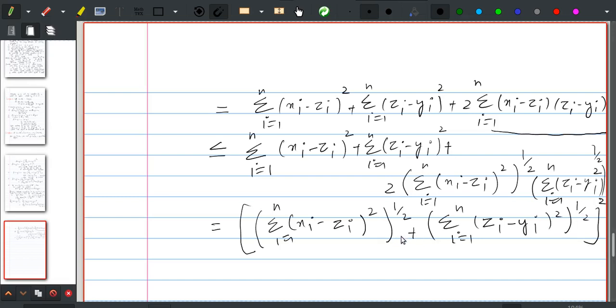Now if we expand this expression, this is exactly this expression over here.